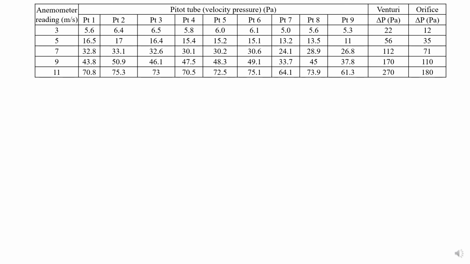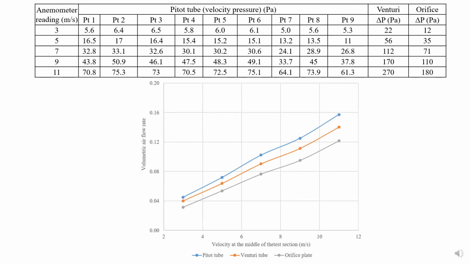We need to summarize the results we obtained in the experiment in a suitable table. And lastly, we plot the airflow rates for the pitot tube, venturi tube, and orifice plate in a graph.